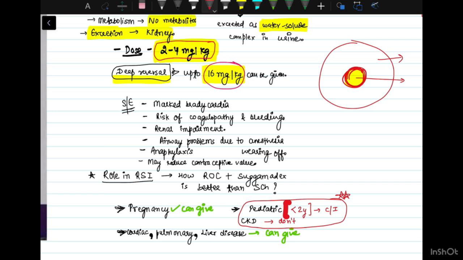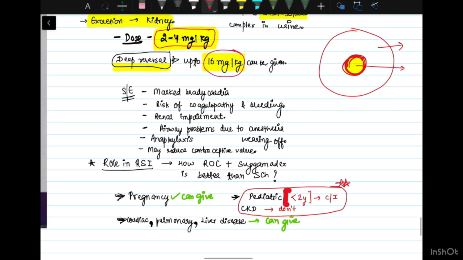When you have so much advantage with Sugammadex, there have to be certain side effects. The side effect is again marked bradycardia. However, it is not because of increased acetylcholine, similar to neostigmine, because neostigmine inhibits the acetylcholinesterase enzyme that will increase acetylcholine, and because of the increased acetylcholine there was marked bradycardia.